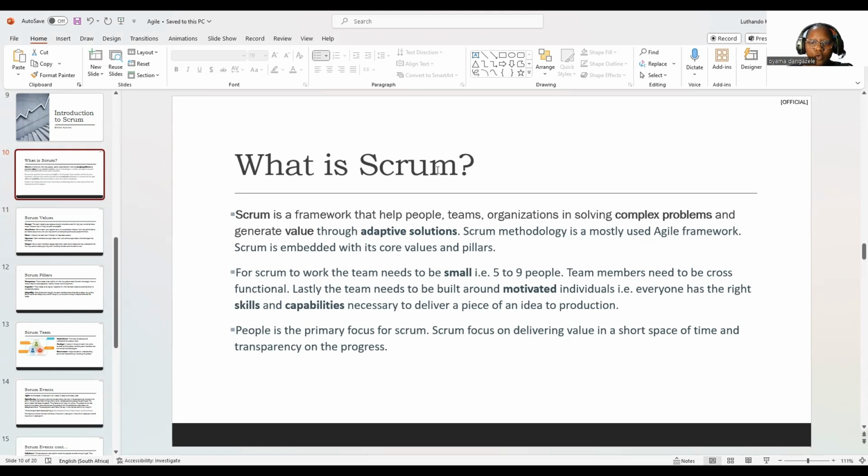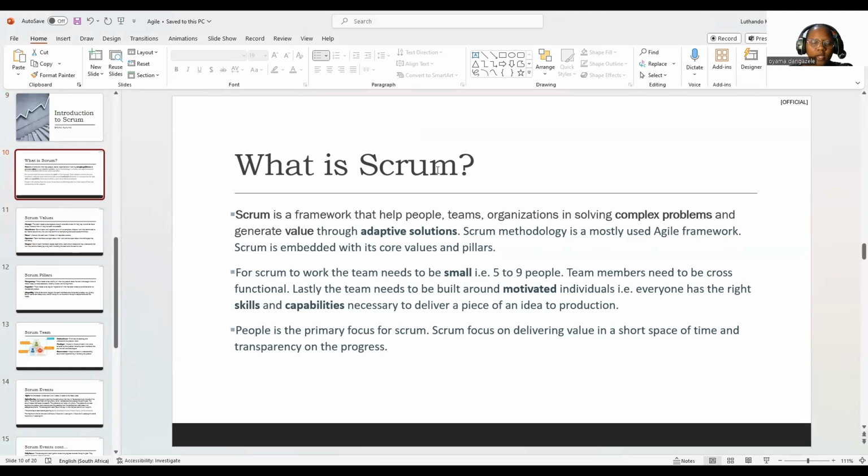Scrum is, I think, used by most companies, and it is the most used Agile framework. It is embedded with core values and pillars, which we are going to get to as we go along.